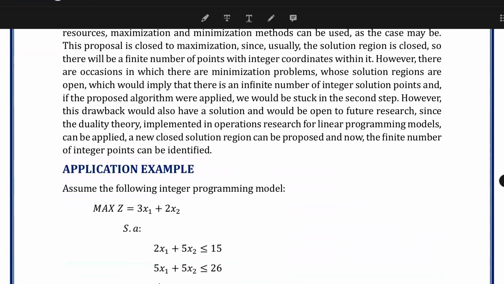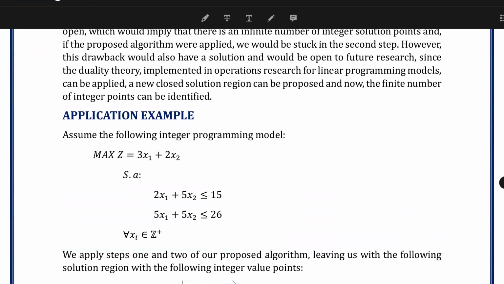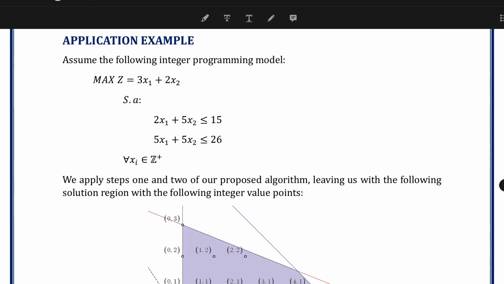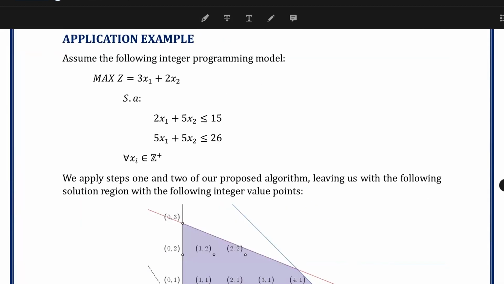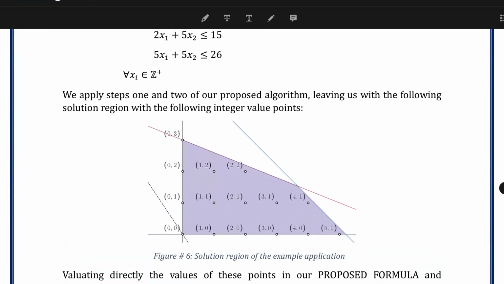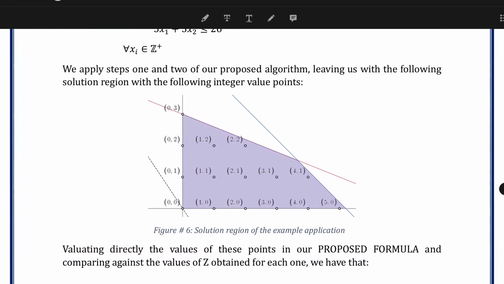But now, we have an application for reaching the conclusion. Let's assume that this is a new programming model with the special condition that all x must be integer. Now, we apply the first and second steps of the proposed algorithm, and then we have this figure.